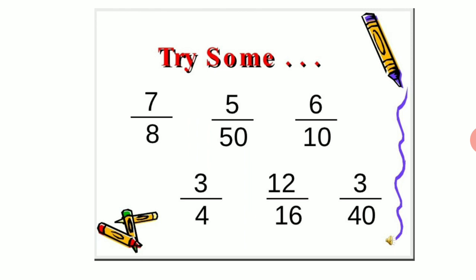Then 5 by 50 we get as 0.1. 6 by 10, children, we get as 0.6. 3 by 4 as 0.75. So you go on dividing by the long division method, taking the upper number, the numerator, as the dividend and the lower number, the denominator, as the divisor, and the way we do simple division, we go on doing in that manner.